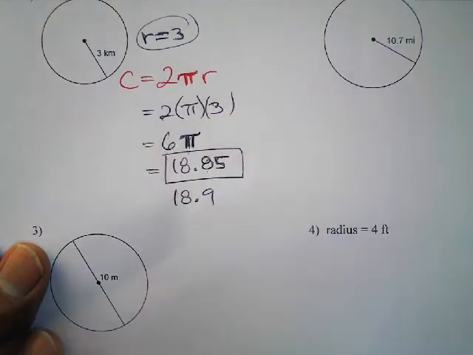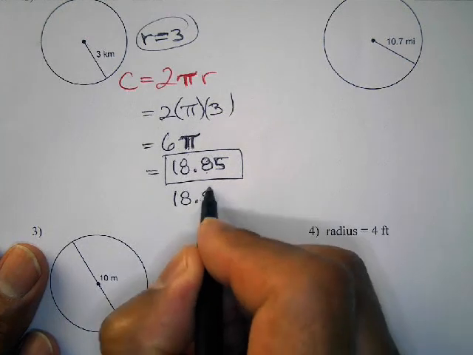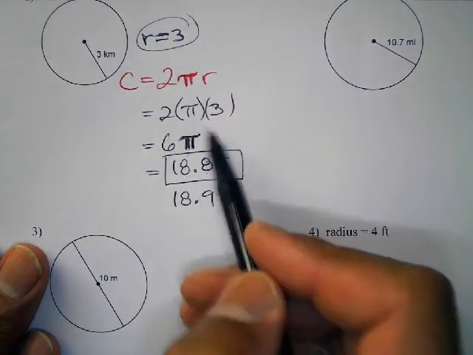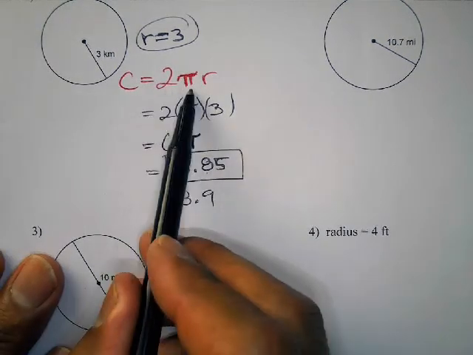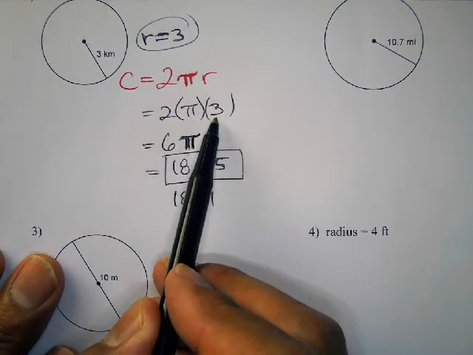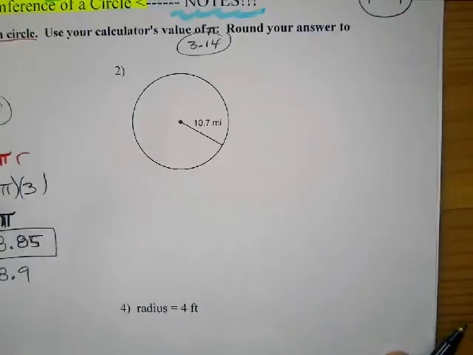But I'm not going to worry about all that. If I see your work and it's close enough, you're going to get it right. So don't worry if it's off by just a tenth or by one number. I've got to check your work anyway. It's a very simple formula. The only thing you need to know is the radius and the formula.